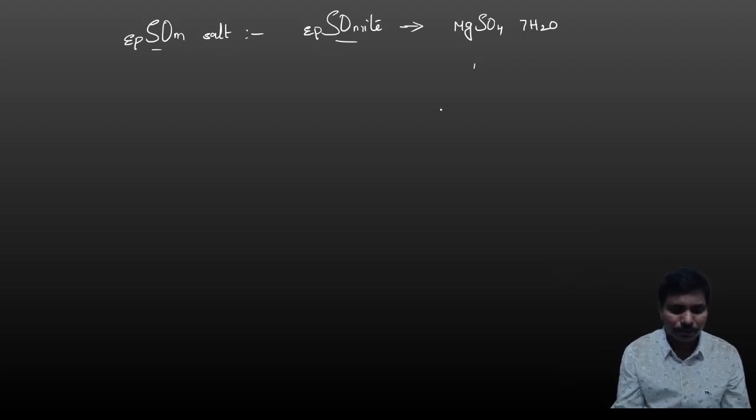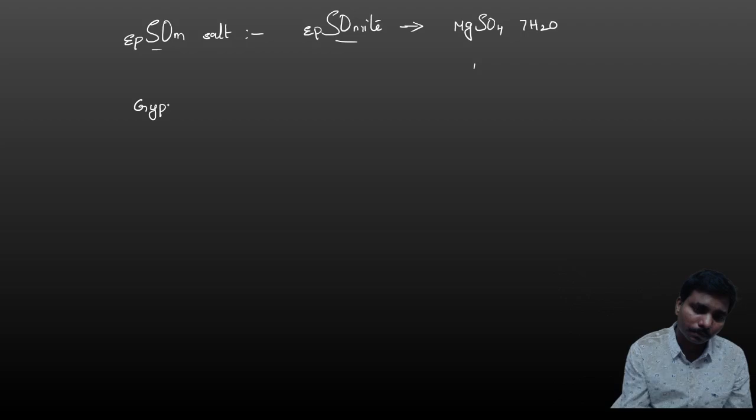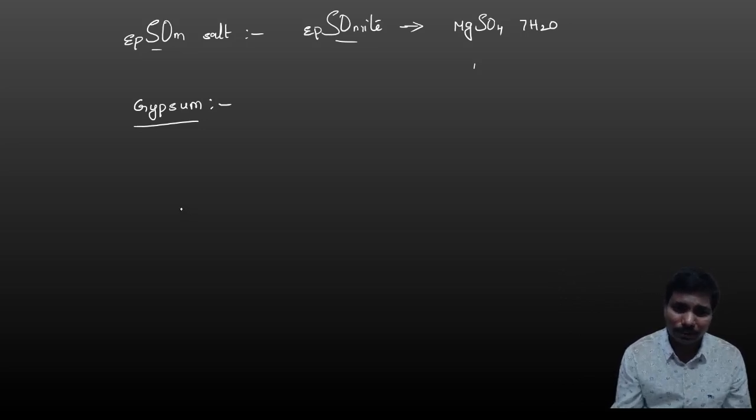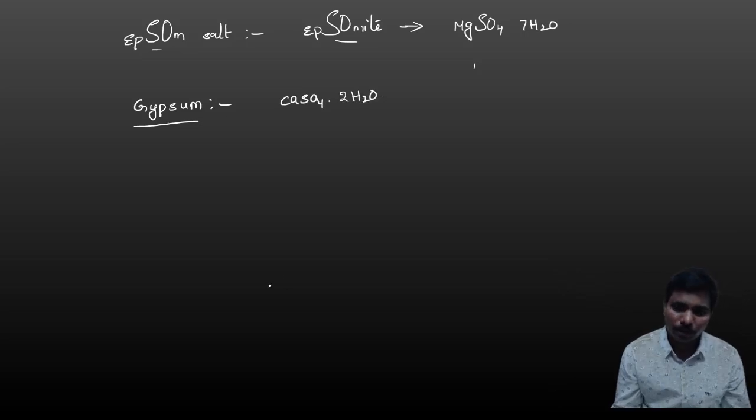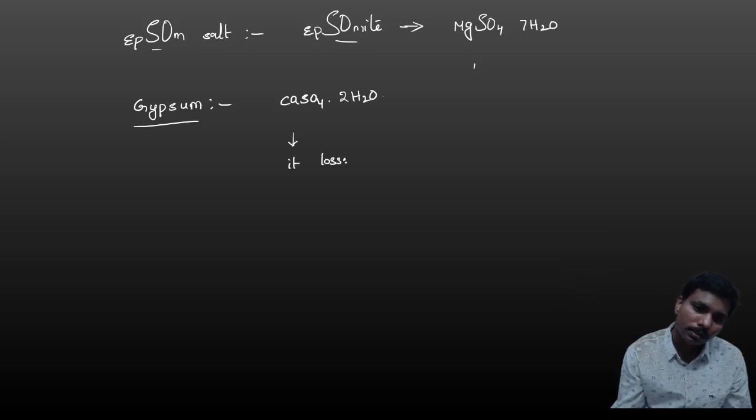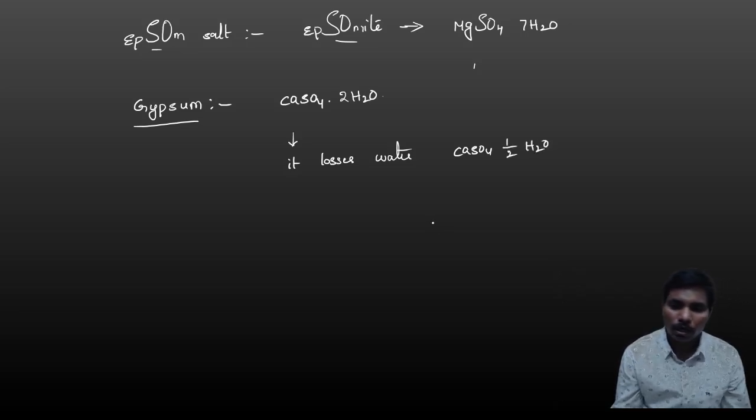Okay, Epsom salt, and after that some important salts, gypsum. Here, don't confuse gypsum and plaster of Paris. Calcium sulfate with 2H2O is the gypsum. Whenever it loses water, then what will happen? Calcium sulfate with half H2O.